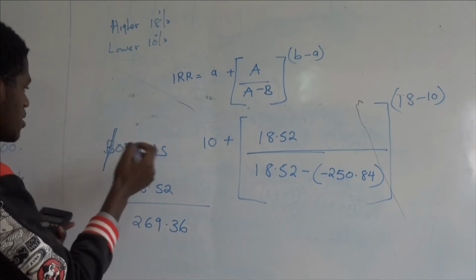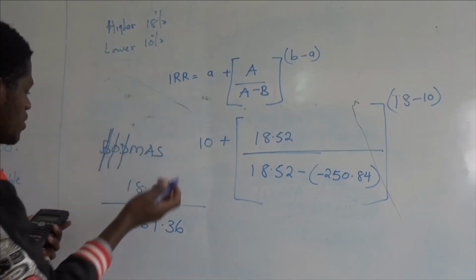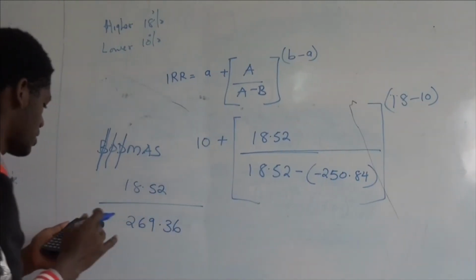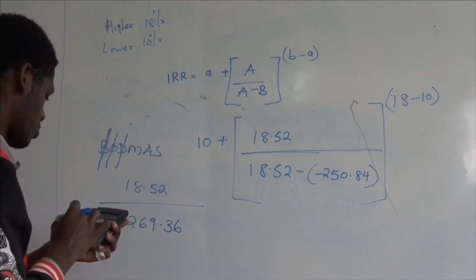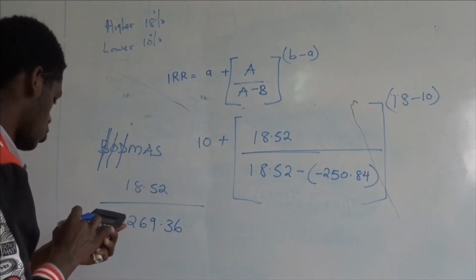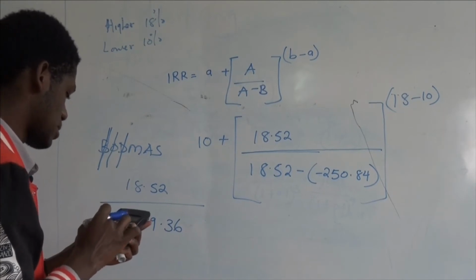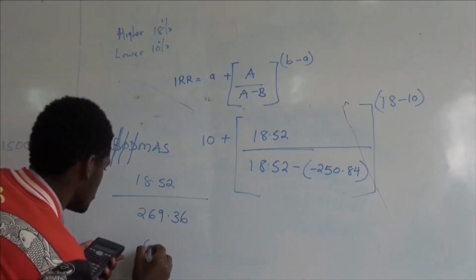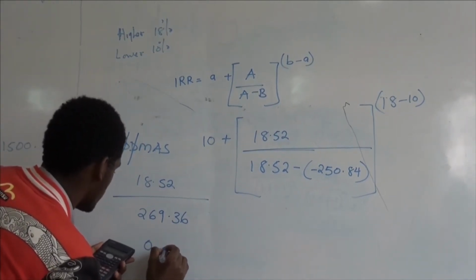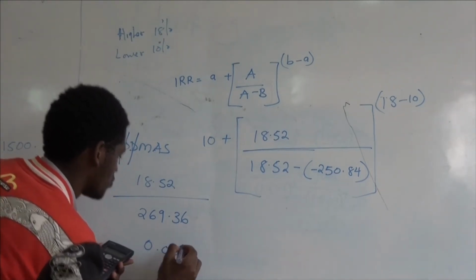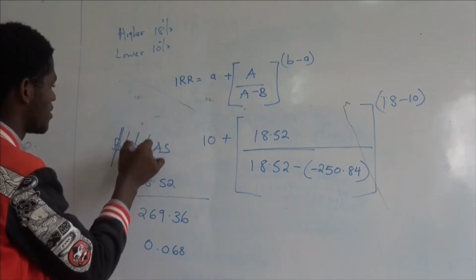After bracket, there is no of, we have division. We'll divide our numerator and our denominator. So 18.52 divided by 269.36, we get 0.068.